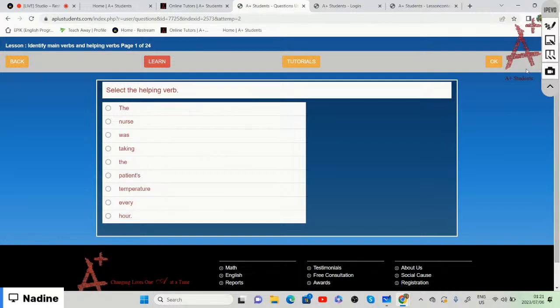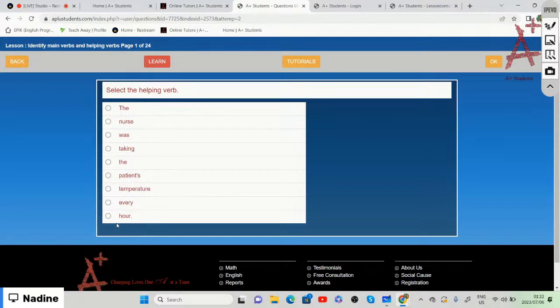We need to choose the correct helping verb. The nurse was taking the patient's temperature every hour. We need to choose the helping verb within the sentence, right?